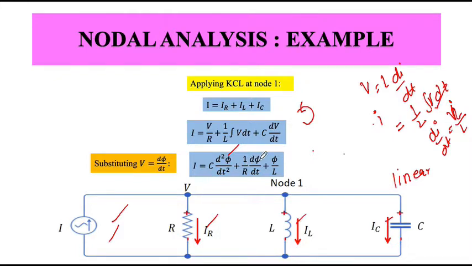And across R, I is equal to V by R. What is V? V is d phi by dt, so it will be 1 by R d phi by dt, and across the inductor that will be simply phi by L.